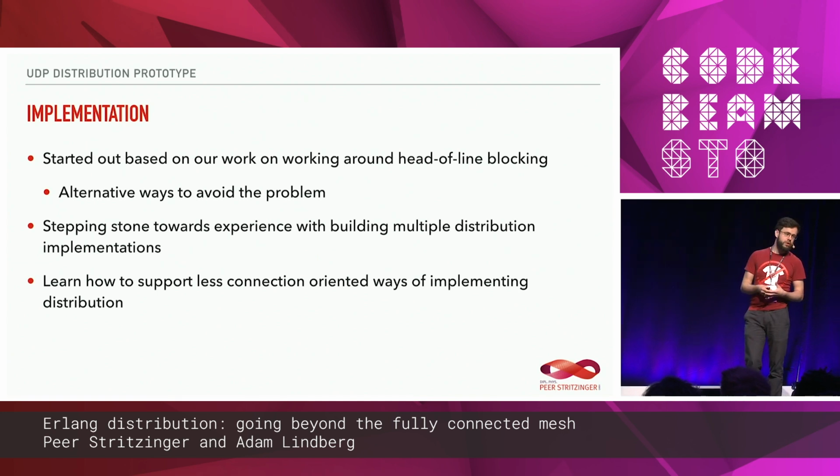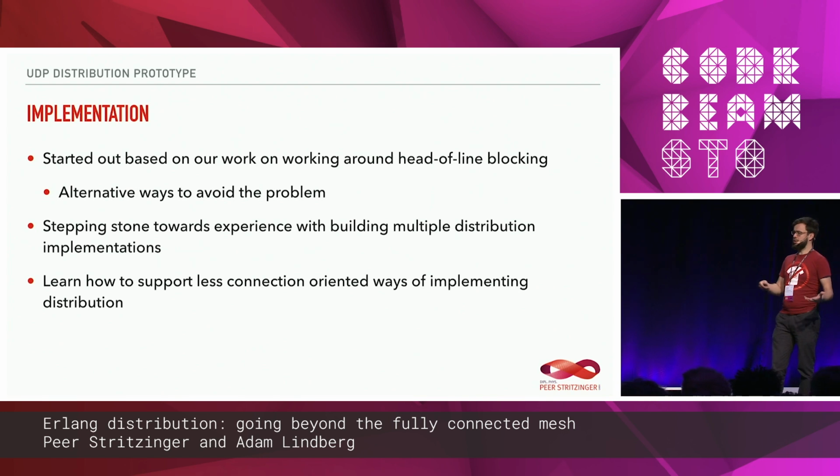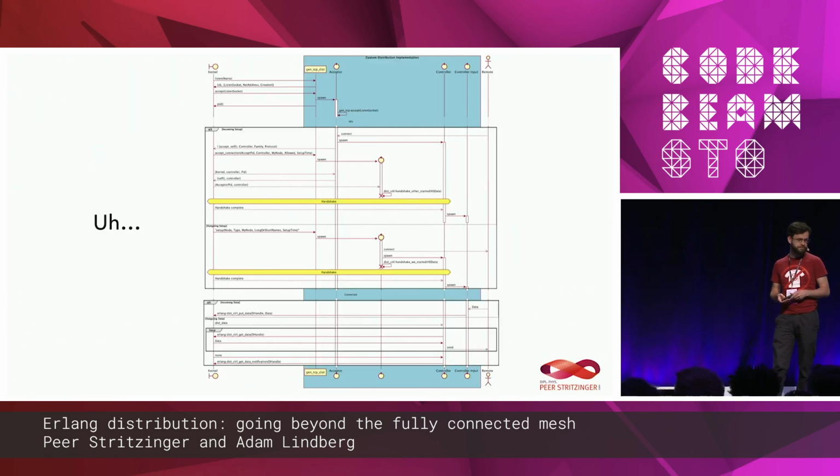We also wanted to see what's involved in building a custom distribution implementation, what the pitfalls are, how this API from OTP works, and so on. We want to learn in general about networking and Erlang so that when we build more solutions later, we have some experience doing different types of distribution implementations.